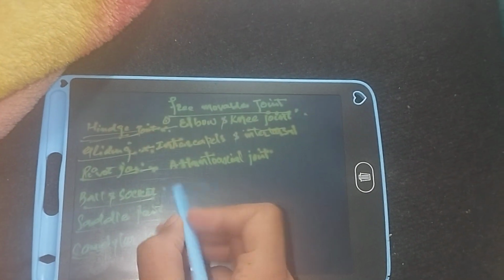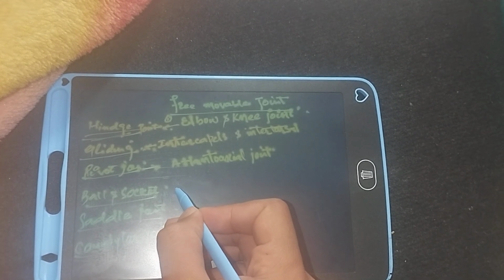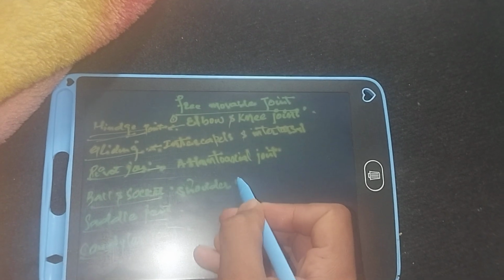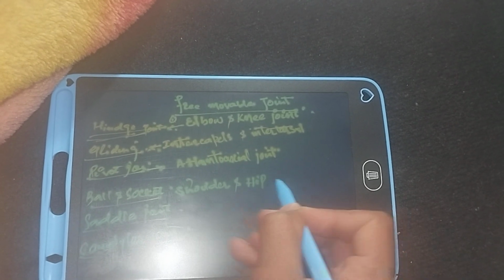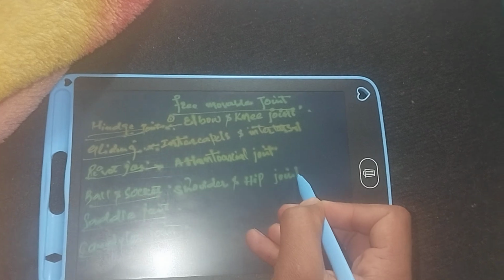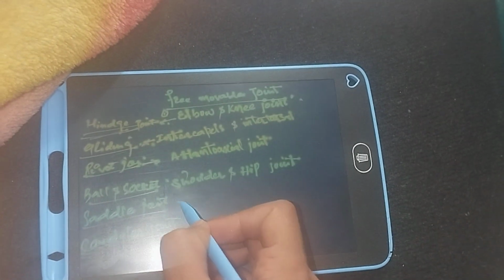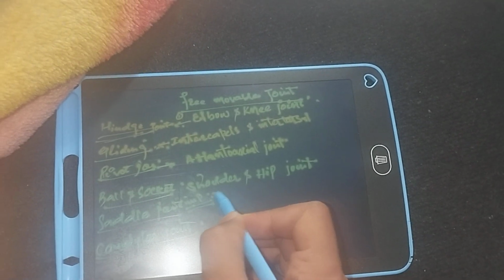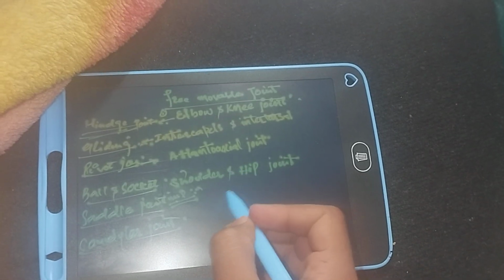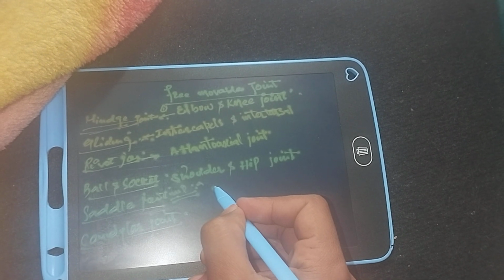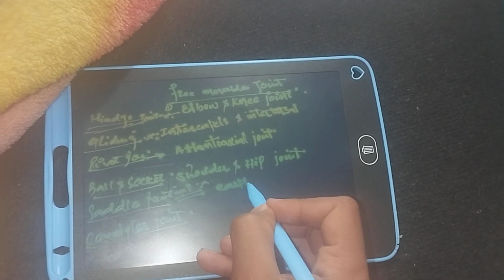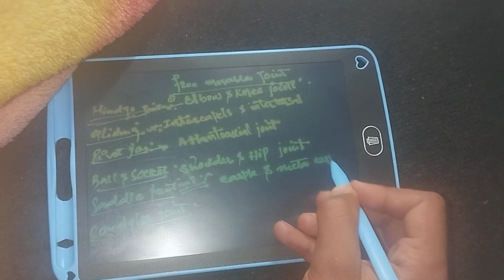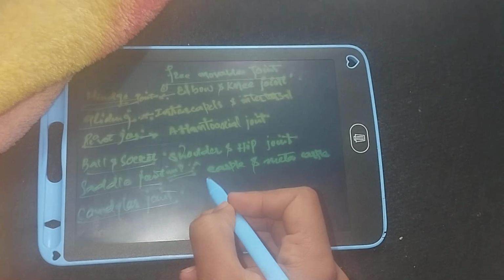Then the ball and socket joint is present in our shoulder and hip joint. The saddle joint is very important from an entrance exam point of view. The saddle joint is present between the carpal and metacarpal of the thumb.